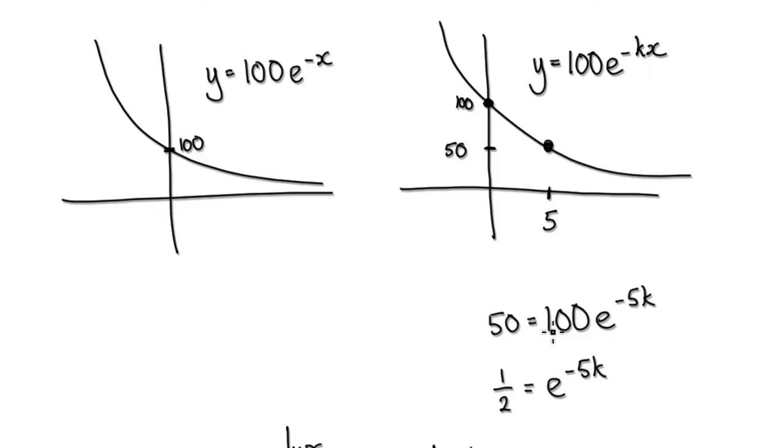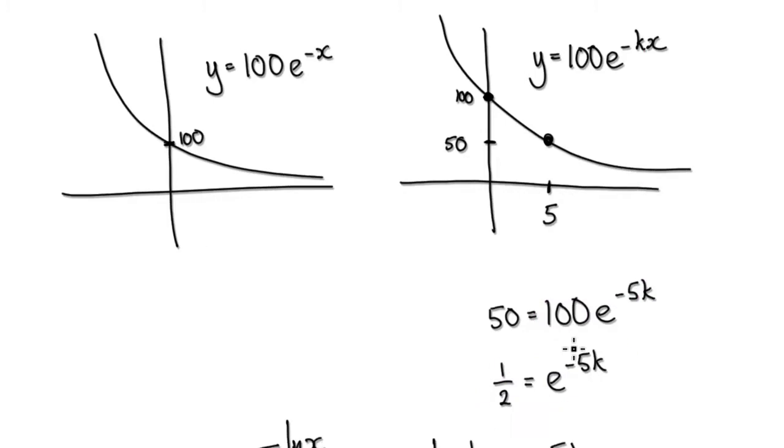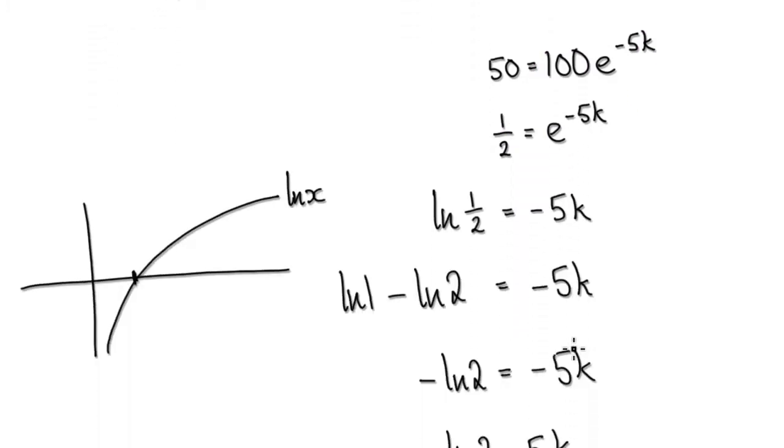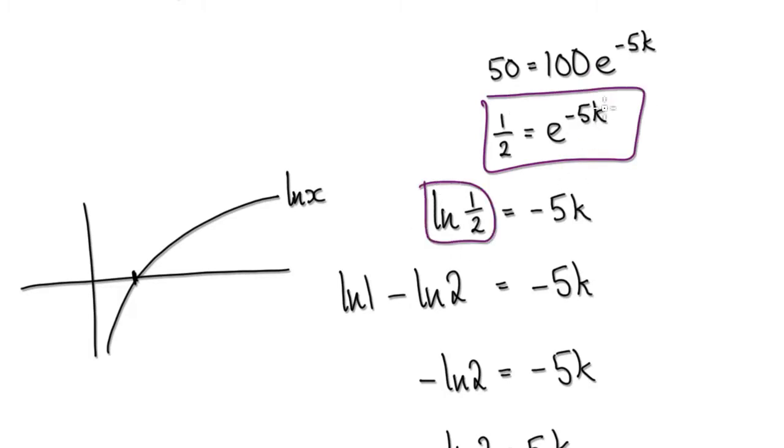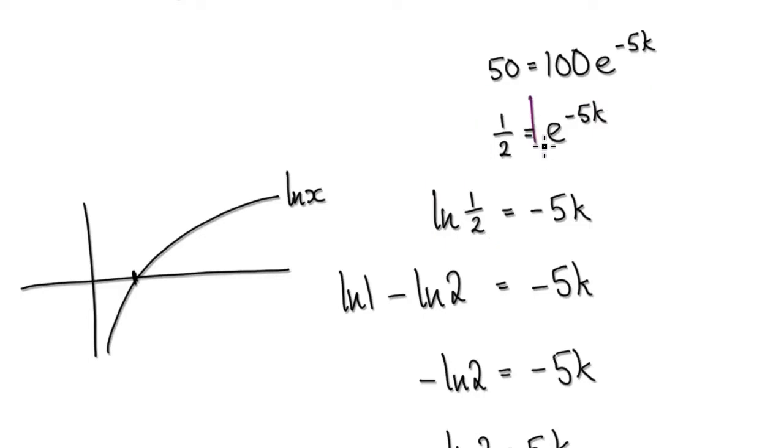Now divide both sides by 100. That will then give us a half equals this. And then take the natural log of both sides. So that will then give us this. And then on the right hand side, remember, whenever you log an e, they cancel each other out, giving you negative 5k.